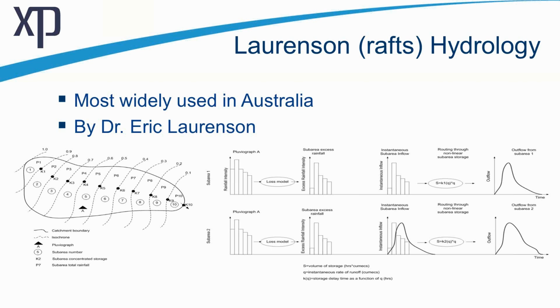And it's a well-known and well-reported method, and if people are interested in more information, they can obviously contact us to find out more about this method, but it is also detailed in the Australian Rainfall and Runoff documentation as well.